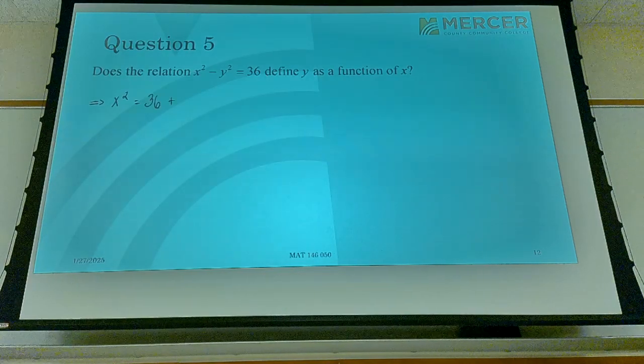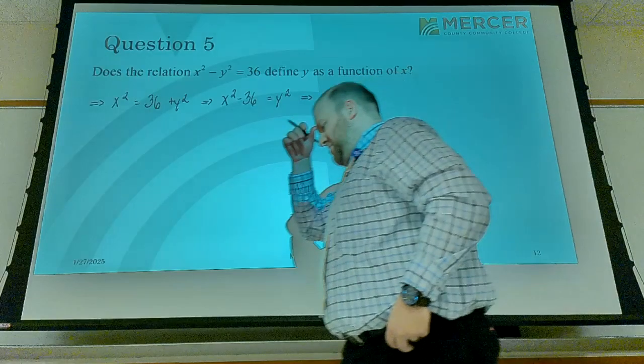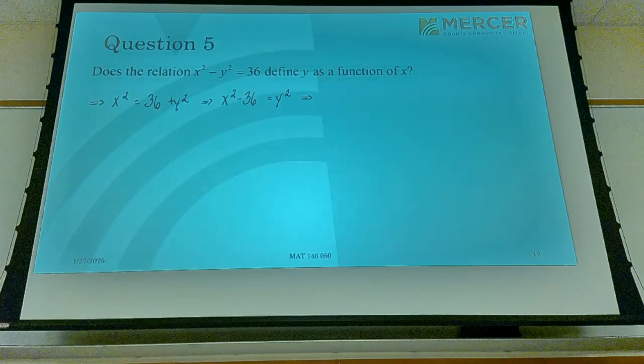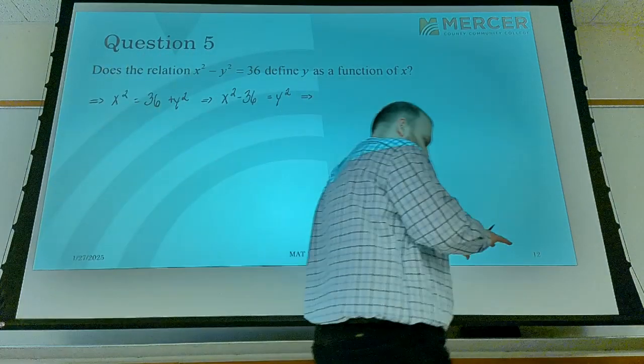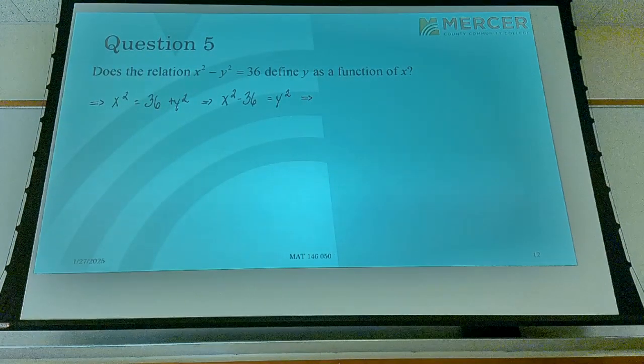If you take the square root of both sides, square root of x squared minus 36. It's just the square root of x squared minus 36.